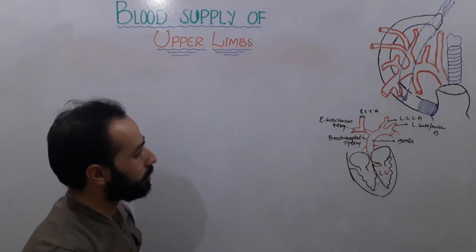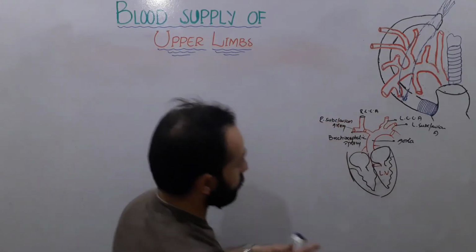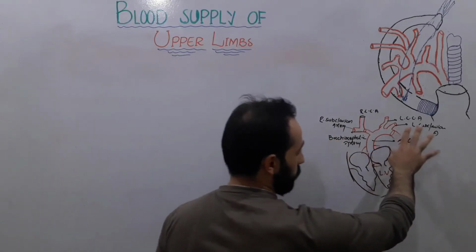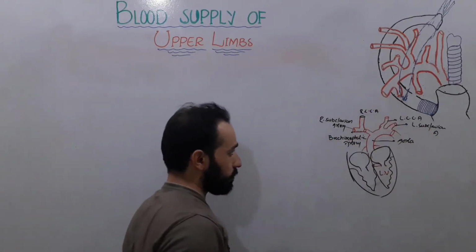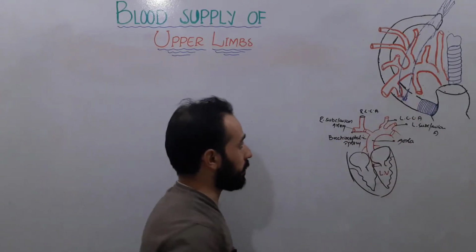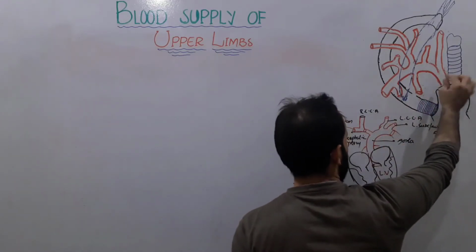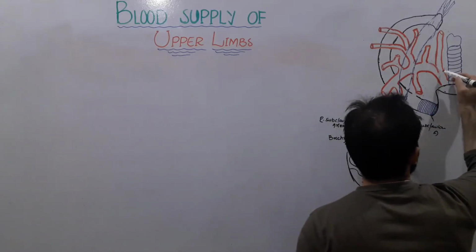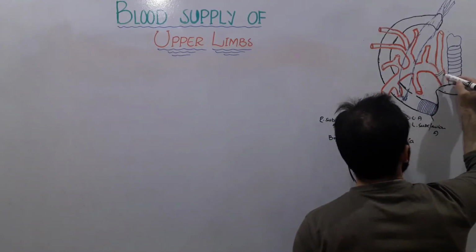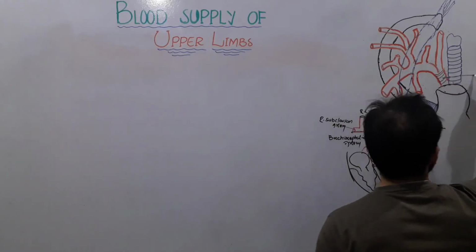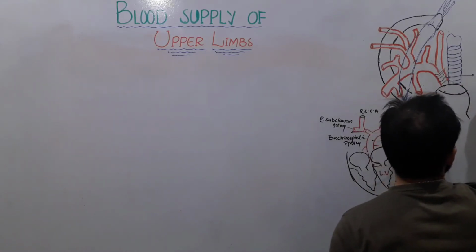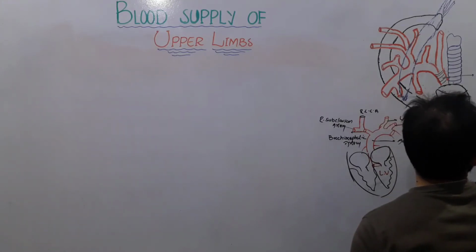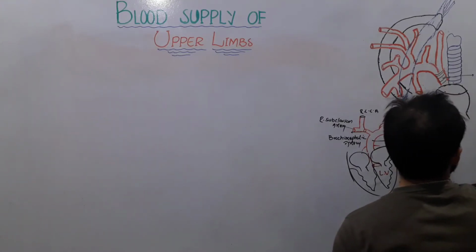Now let's move forward and see all the branches given by this right subclavian artery. The same will be the case for the left subclavian artery, but we have drawn here the diagram of the right subclavian artery. So this part, let me label it, is our brachiocephalic artery.